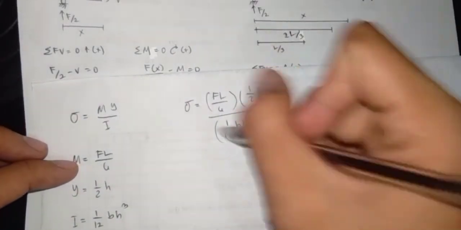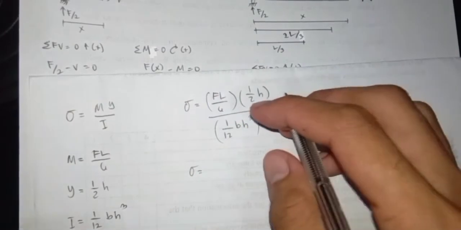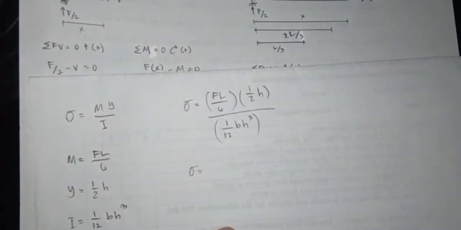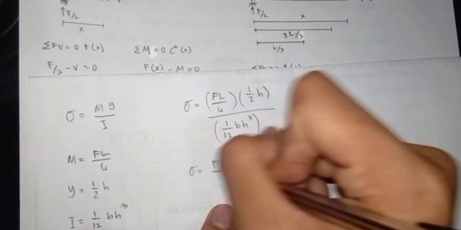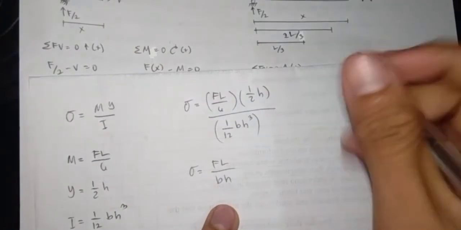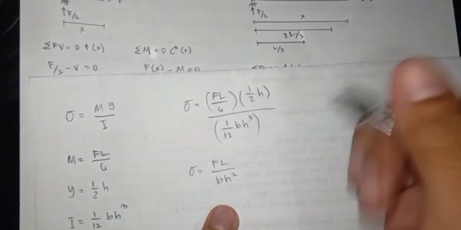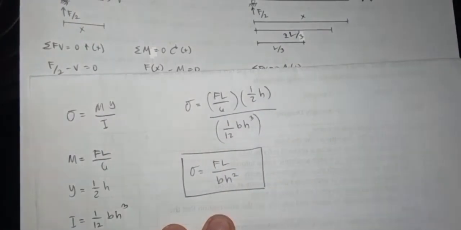Kapag sinimplify mo ito, ito na magiging kalabasan. Ito na. FL over B H squared. So, yan na yung formula niya.